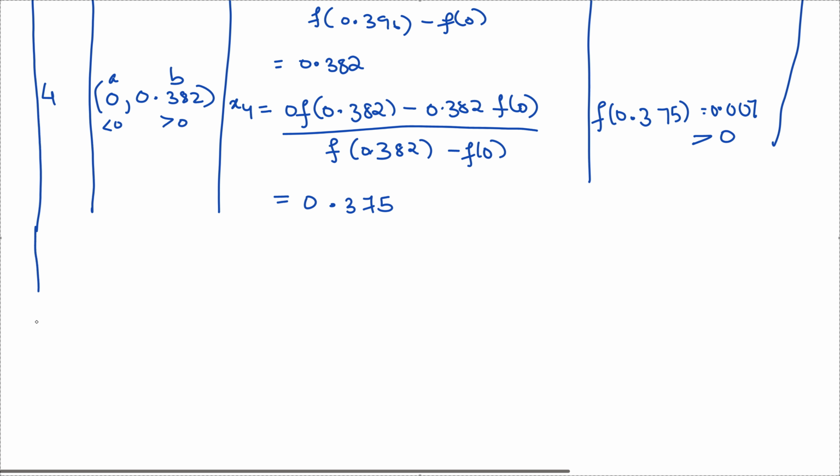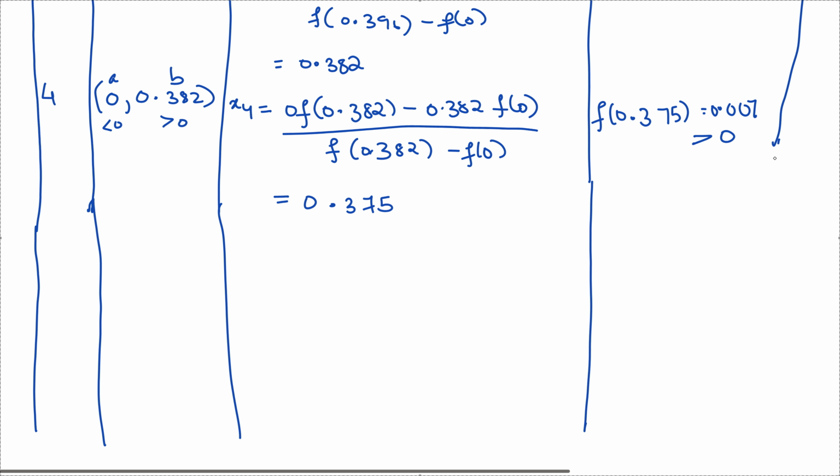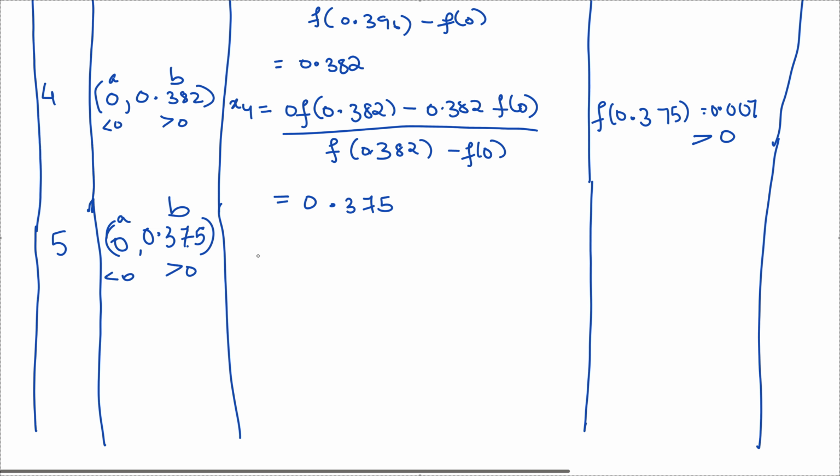So since that is greater than 0, we are going to replace whatever was greater than 0 in the previous interval, right? So fifth iteration 0, 0.375. So this is A, this is B. This is less than 0, this is greater than 0.